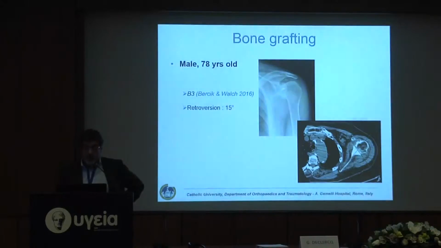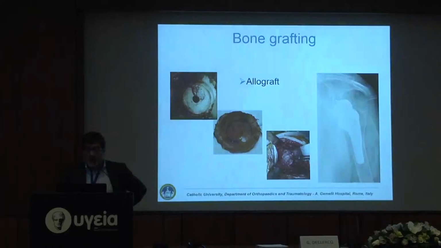So we had two different causes of osteoarthritis. One was mechanical, due to the wearing by the tip of the anchor, and the other was cuff arthropathy because of failure of this rotator cuff repair. In this case, because the humeral head could be violated by removal of the suture anchor, I prefer to use an allograft, and the bone loss was addressed with the humeral head, which was impacted into the glenoid.